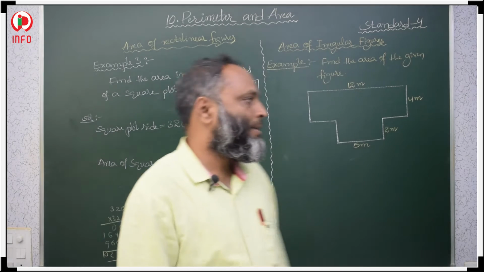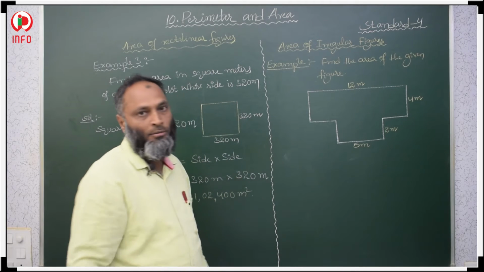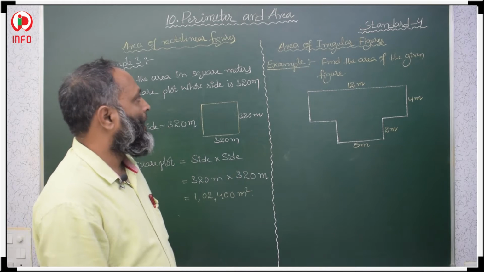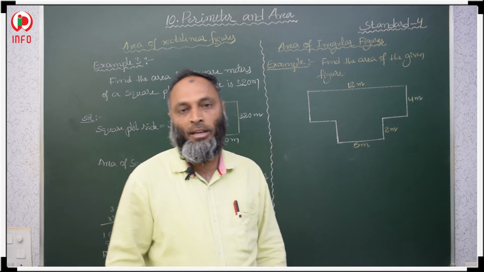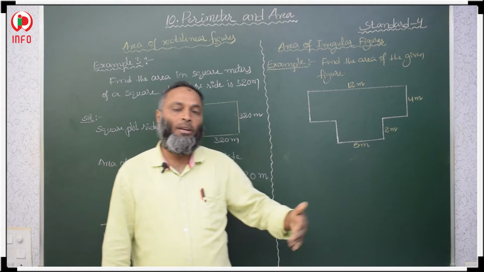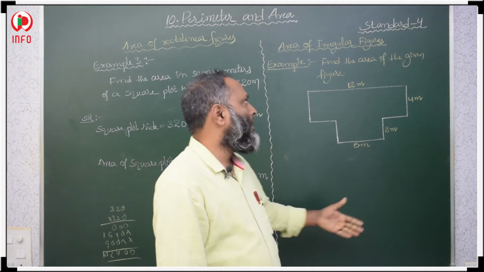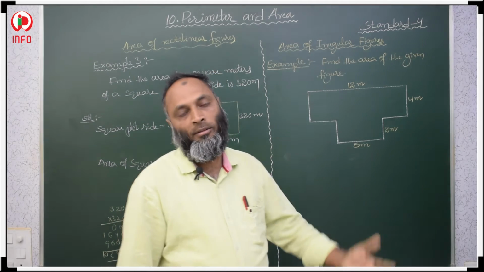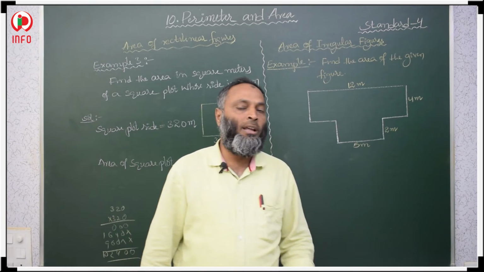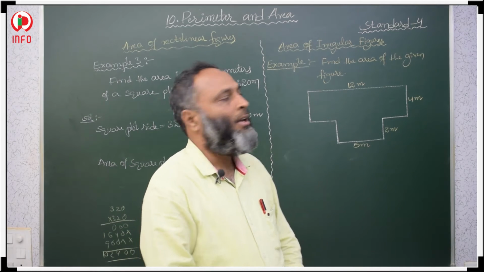Okay. Next. Now, this is about areas of regular rectilinear figures. Now we are going to discuss the areas of irregular rectilinear figures. So how do we find the areas of irregular rectilinear figures?